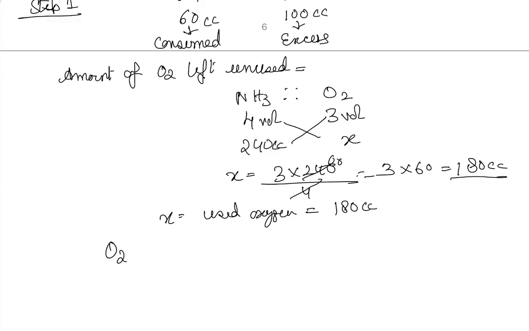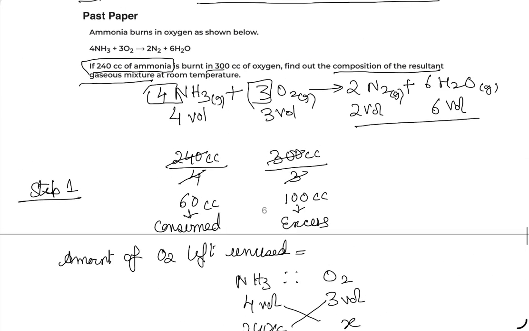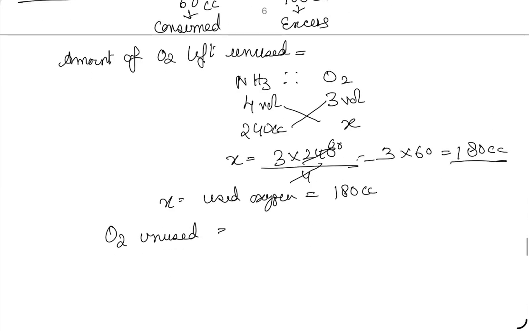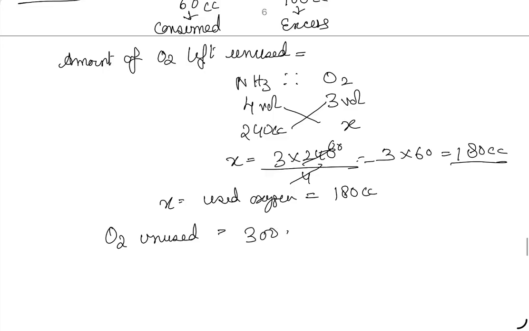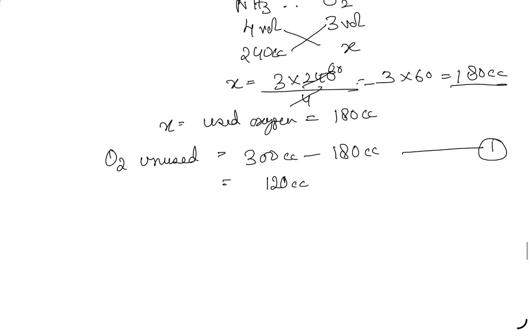So oxygen unused will be equal to the total given in the question. The amount of oxygen given is 300 cc. So 300 cc minus 180 cc which is consumed, you will get 120 cc. So this is one component of the mixture which I found: oxygen is unused.